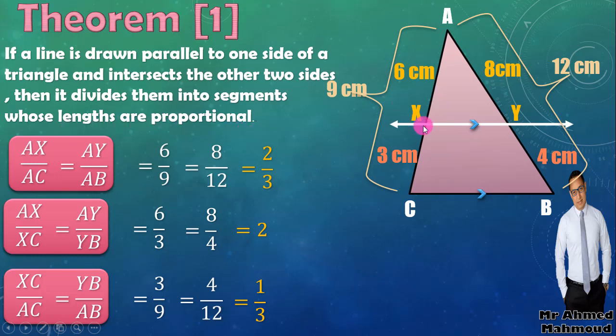Looking at the triangle in general, AX over AC equals its corresponding AY over AB, and AX over XC equals AY over YB, and also XC over AC equals YB over AB. And if you need XC over AX, it's also equal to YB over AY. Now let's study the next corollary.